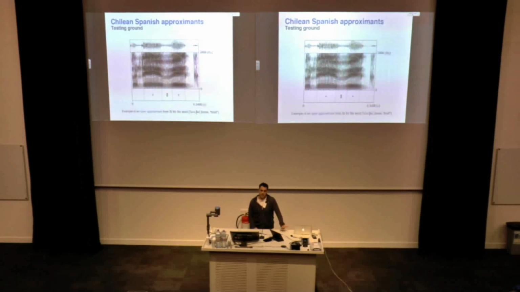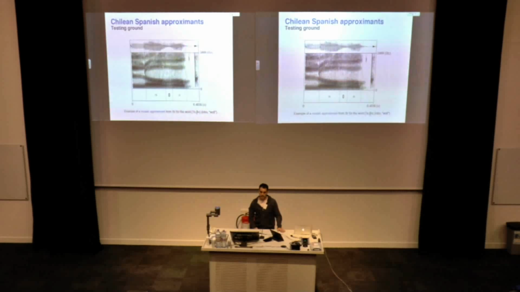This is how an approximant looks, a spirant approximant. This is something that's been called open approximant. As you can see, it's a transition between some vowels, but at least you can see a decreasing intensity and transitions. And then the next stage of lenition would be something that's been called vocalic approximant. Now we see a bilabial between two O's. And you can see that it's shorter, and the intensity decrease is less abrupt.